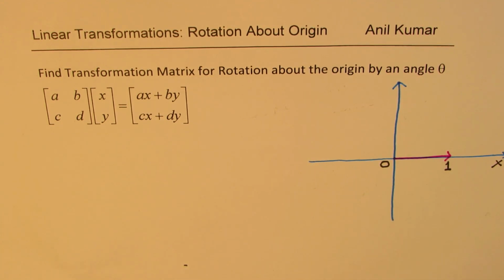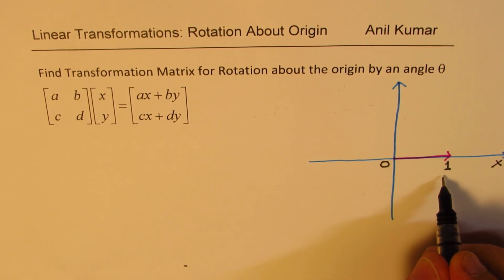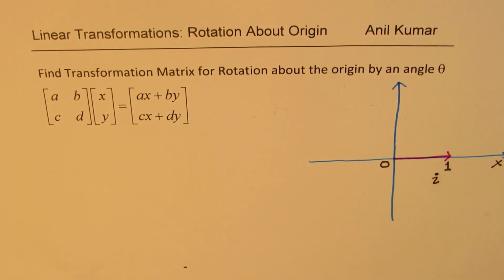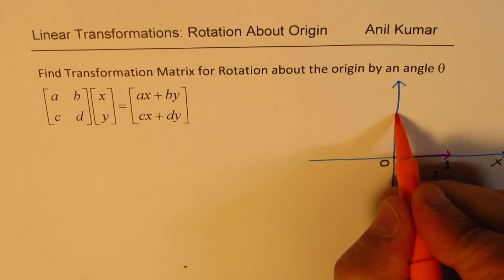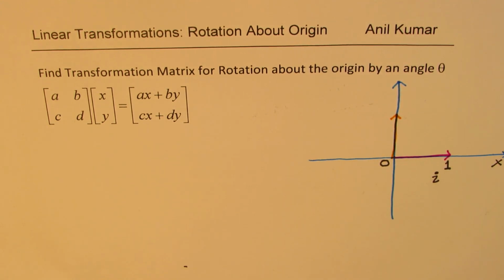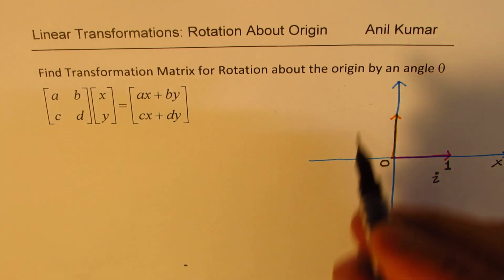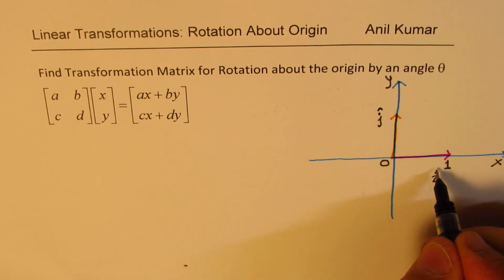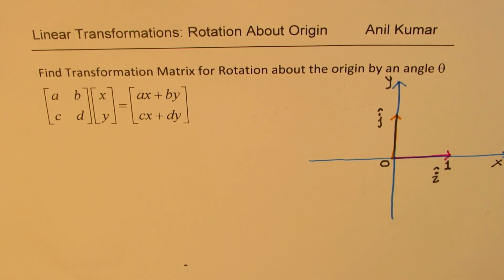We normally designate this by letter i, a unit vector in the direction of the x-axis, right? So for some of you, let this be the concept to begin with. And then along this direction, which is y for us, we again have a unit vector which we say j. So j cap and i cap signify unit vectors as shown here.